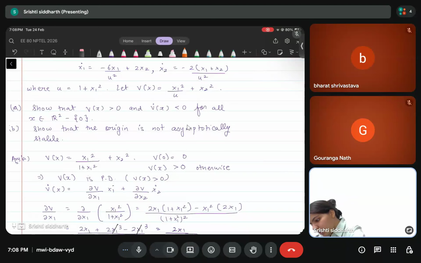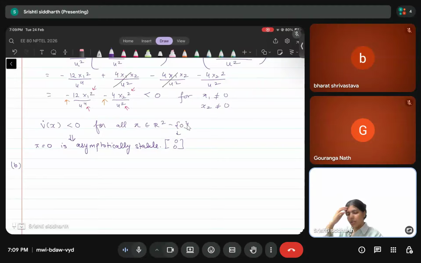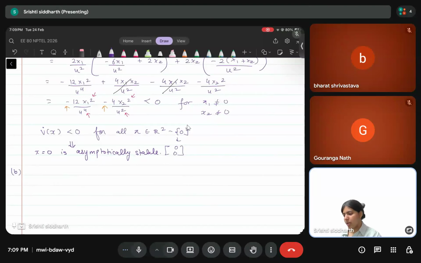This is done. And now we have to show that the origin is not globally asymptotically stable. This implies that the origin is asymptotically stable. And in part B, we have to prove that it's not global. So let's recall the requirements for global asymptotic stability.